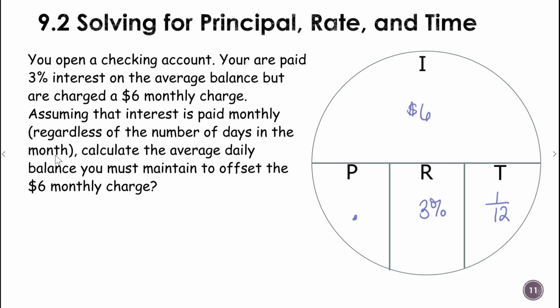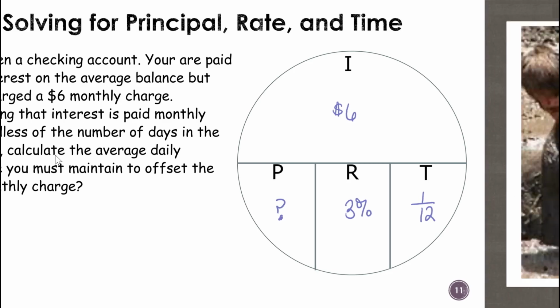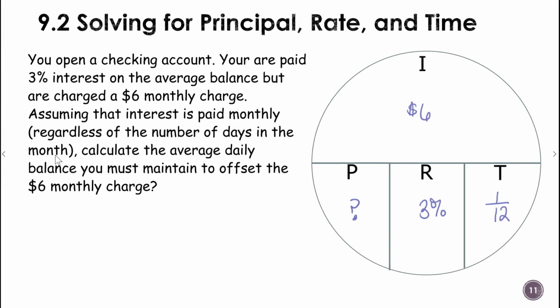So we're looking for our principal. Our average daily balance is the principal. So the principal is equal to interest divided by our interest rate of 3%, which is 0.03, times 1 divided by 12.